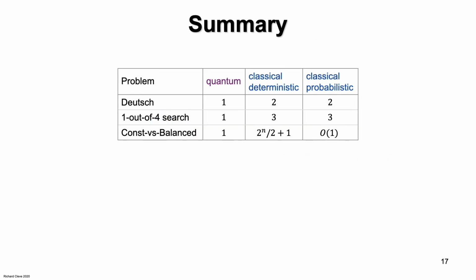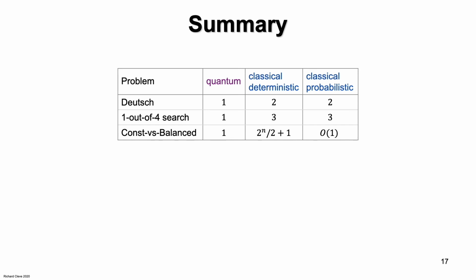In summary, we've considered 3 problems in the black box model. For each problem, a quantum algorithm solves it with just 1 query, but more queries are required by classical algorithms. For Deutsch's problem, any classical algorithm requires 2 queries. For the 1 out of 4 search problem, any classical algorithm requires 3 queries.